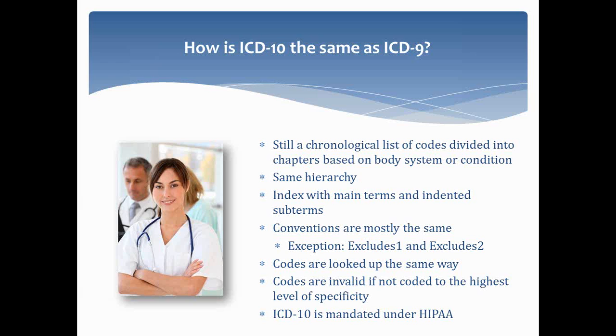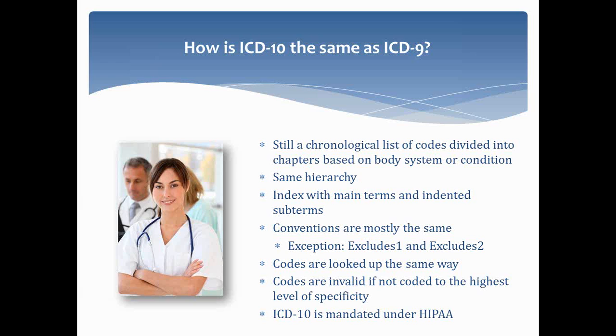Now, the conventions are mostly the same as far as the use of phrases like code also and what a semicolon means and what parentheses mean. One exception is this new convention of excludes 1 and excludes 2. So certain codes may have an excludes 1, which means that it cannot be used with another code. Other codes may have excludes 2, which means it may be used with another code, but it doesn't include that code within it.